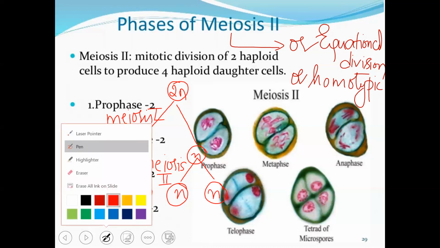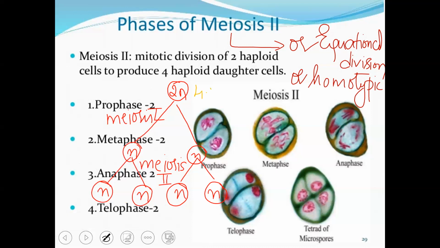If the chromosome number is 46 in humans, the daughter progeny will be 23 and 23, and after meiosis 2 it will be 23, 23, 23, and 23. So the ultimate product of meiotic division is the formation of 4 daughter cells, whereas in mitosis it was only 2 daughter cells. That is the major difference between mitosis and meiosis.